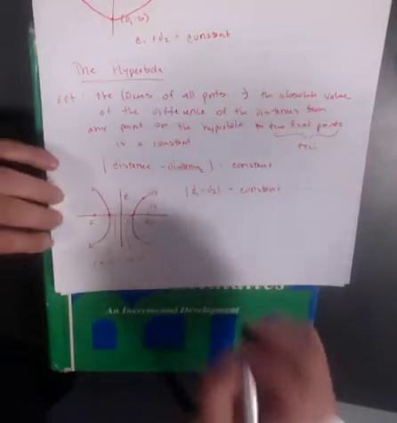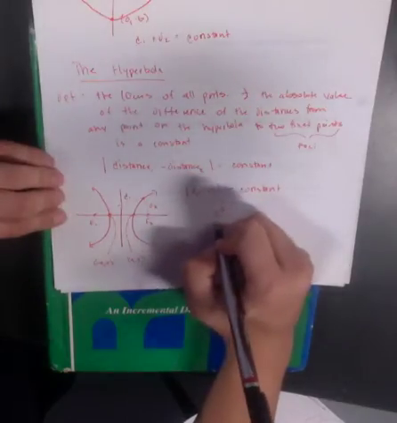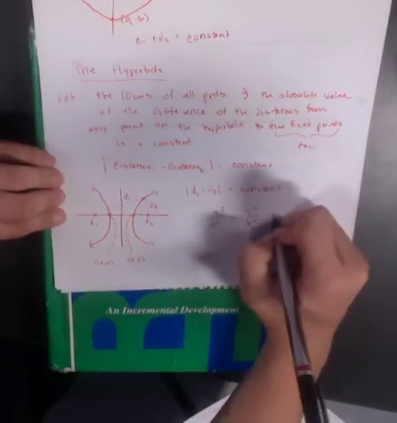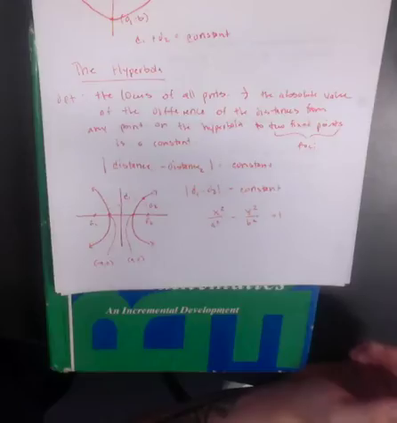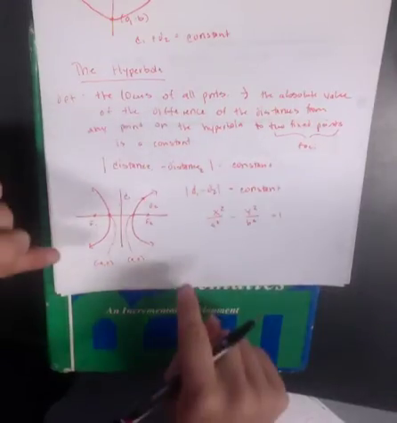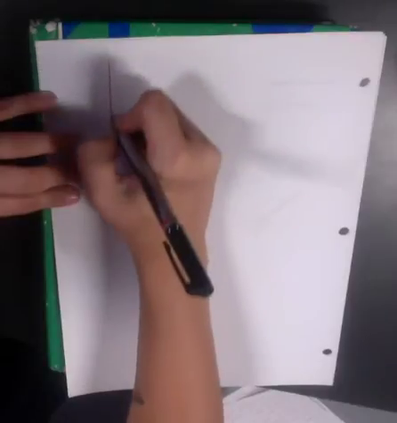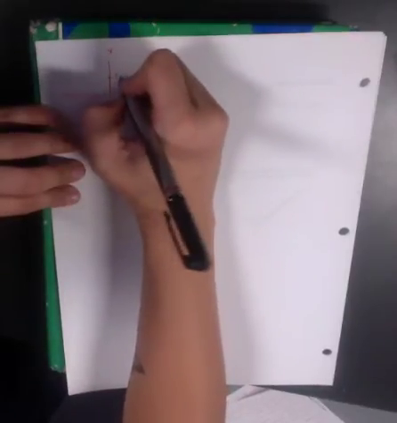And the formula for my equation of a hyperbola is x squared over a squared minus y squared over b squared equals 1. The minus is the key. Okay? Now, this is when we have our foci on the x-axis. We can also have our foci on the y-axis like this.